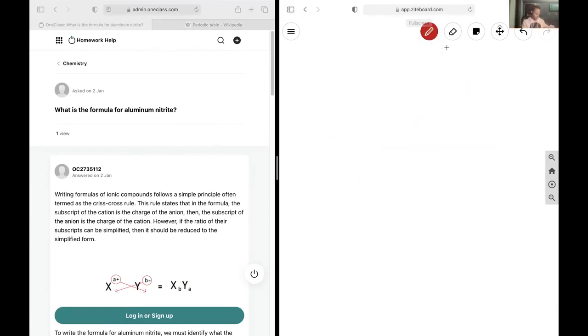Okay, next up, we would like to get the formula for aluminum nitrite. So what we're going to do is use the crisscross rule, and that's what we use when we have an ionic compound. You're going to use its oxidation or reduction state in order to get their formal charges.